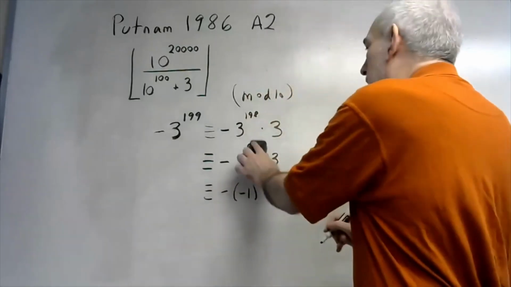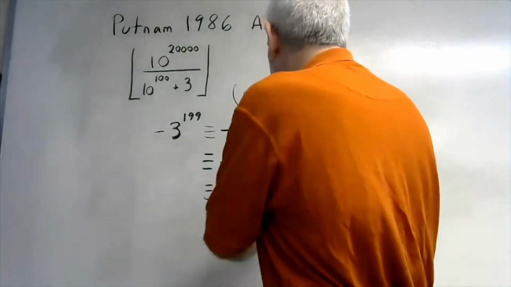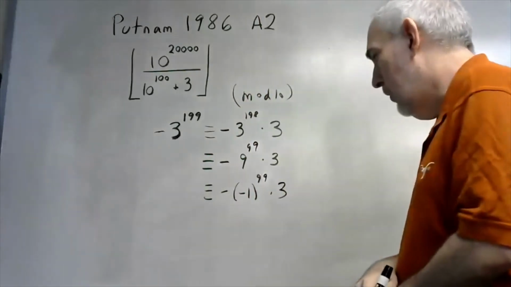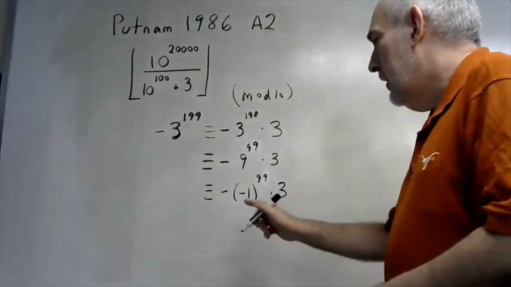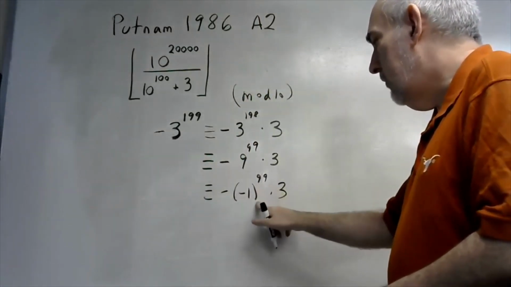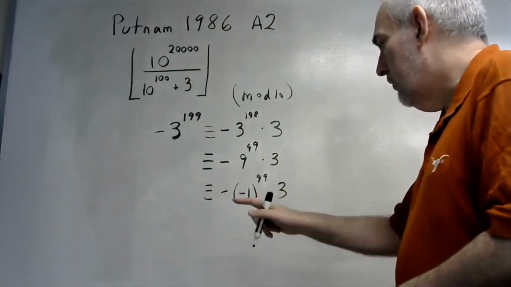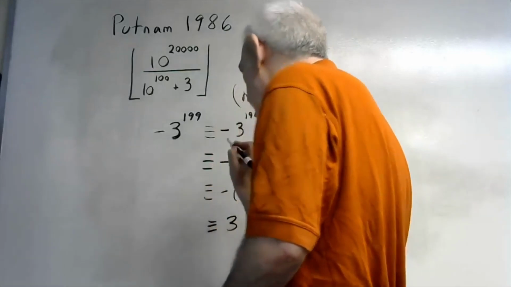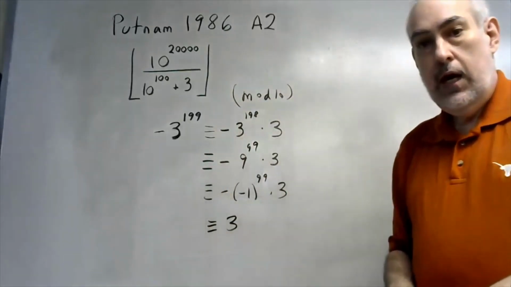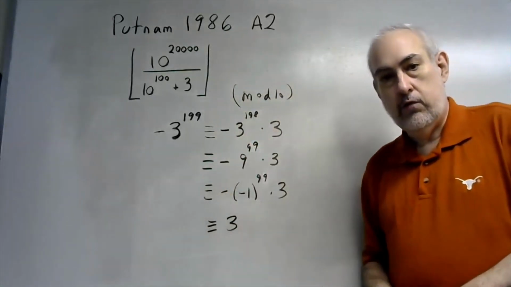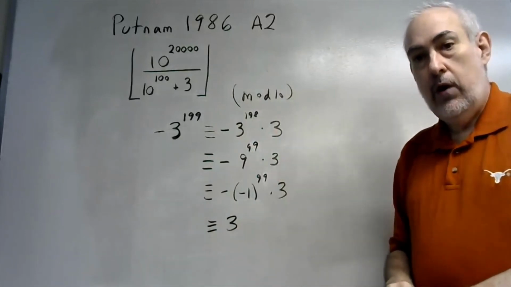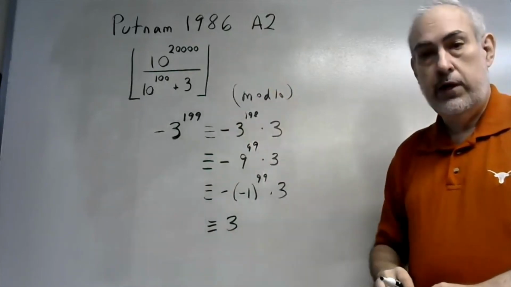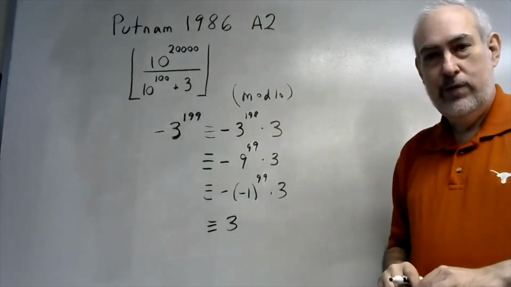Oh, not 98th power, it's the 99th power. Much better. Okay. Then finally, -1 to an odd power is -1 times another -1 turns into +1. So this simplifies to be 3. And so since that's what this is congruent to mod 10, that is also going to be the units digit of the original expression. So final answer is 3.